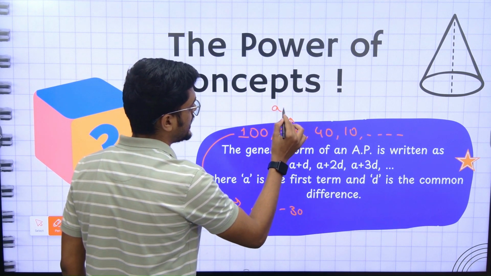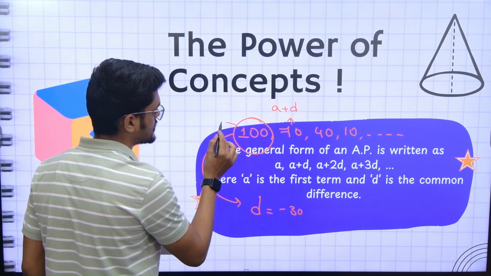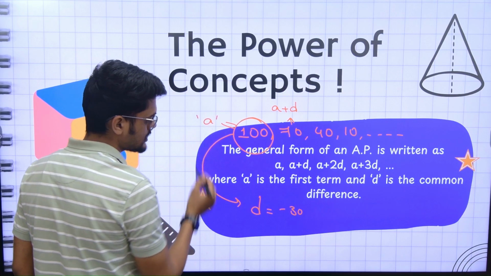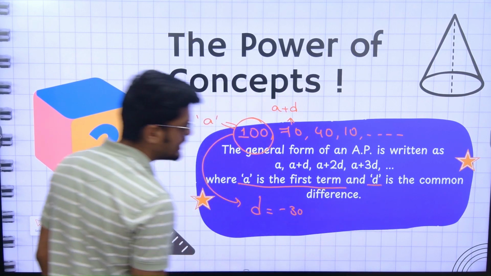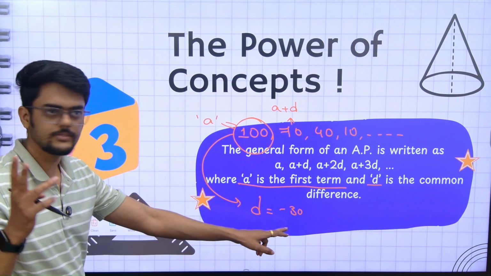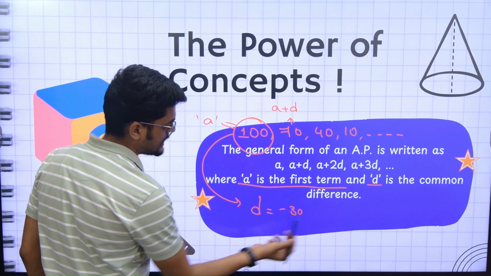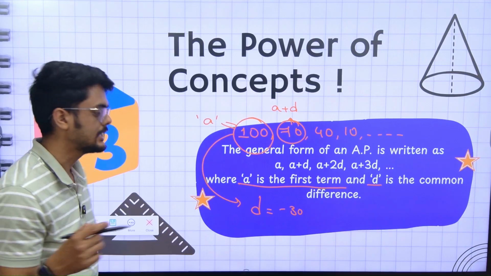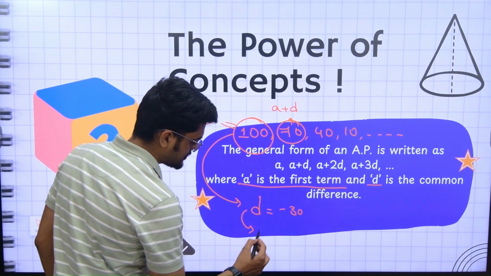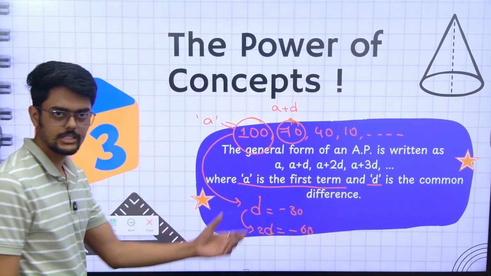Okay. So, this is a plus d, where a is the first term and d is the common difference. I had written both of the things. Now, look very carefully. When you add a and d, you come to 70. Now, make it twice, it will become minus 60.